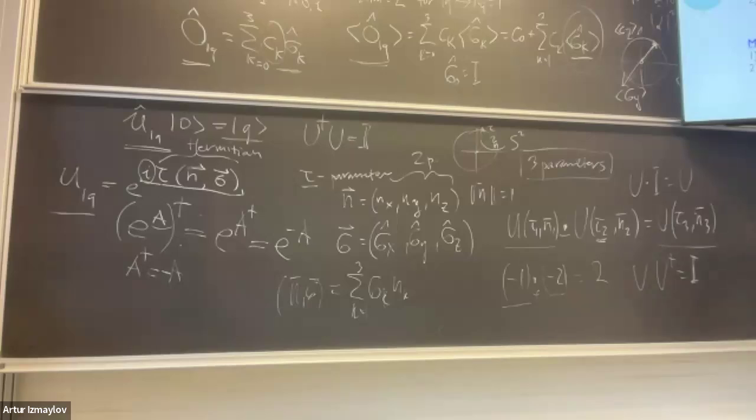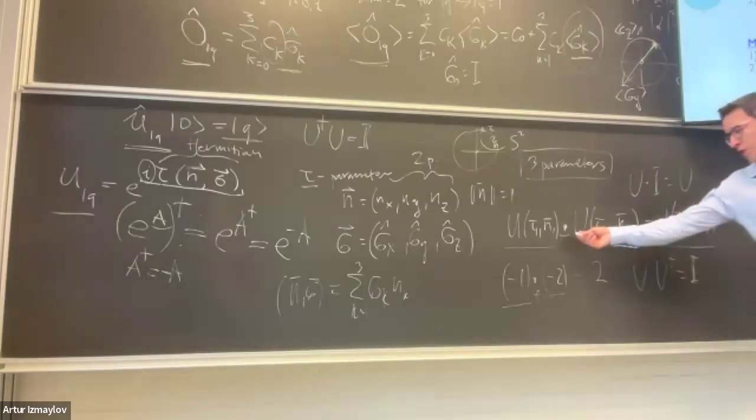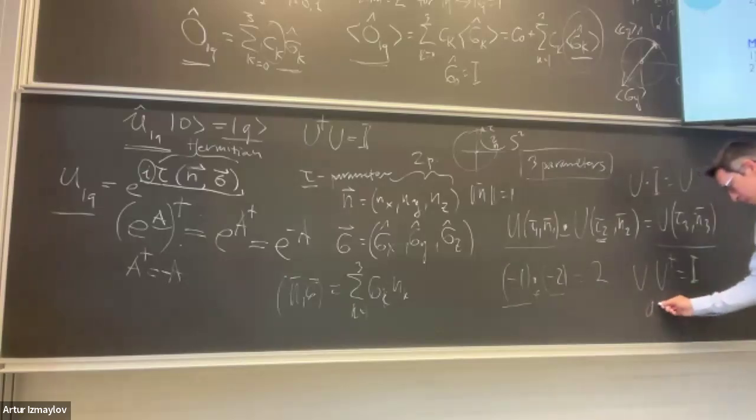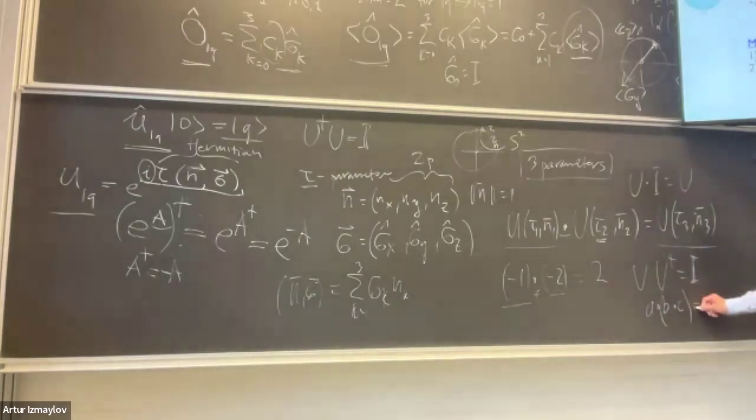And there is yet another condition for the group. It's associativity of this operation, but we know from linear algebra that there is associativity of matrix multiplications. So associativity simply means A times B times C, if you put the brackets like this, it's the same as putting brackets like the other one, like this.